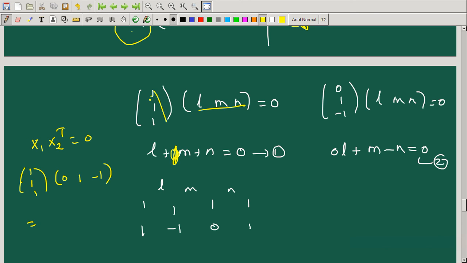Just do the matrix multiplication: 0 plus 1 minus 1, so we are getting 0. Therefore, our eigenvector is correct. In your exam, always select a symmetric matrix, because we can do verification. So this is the process for finding eigenvalues and eigenvectors for all four types. Thank you.